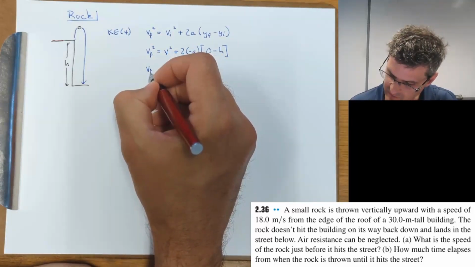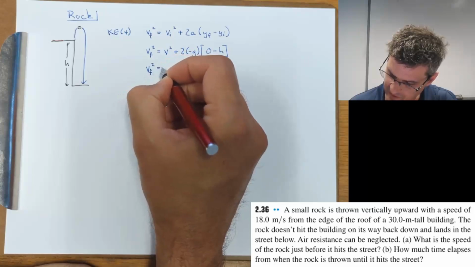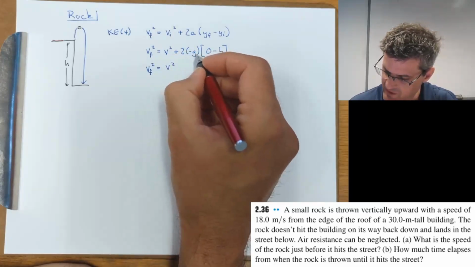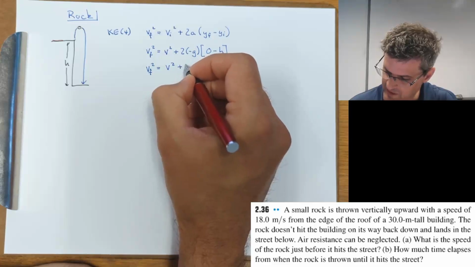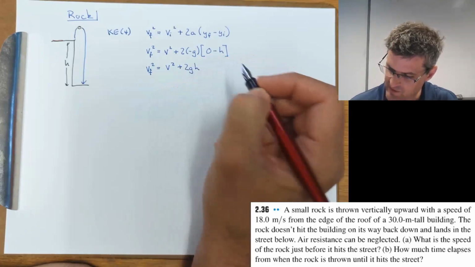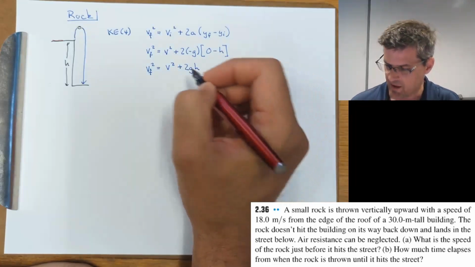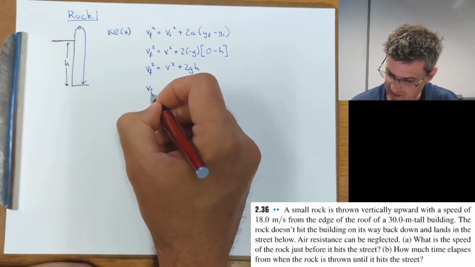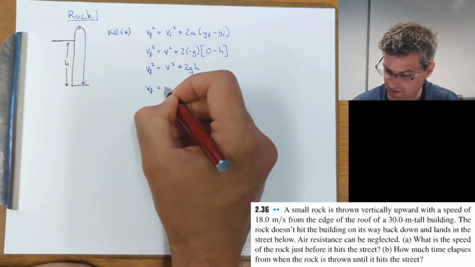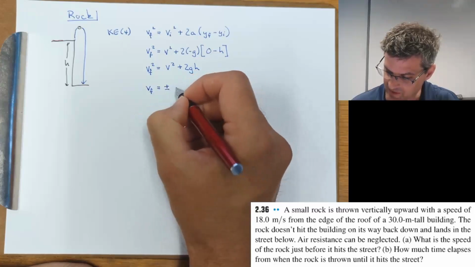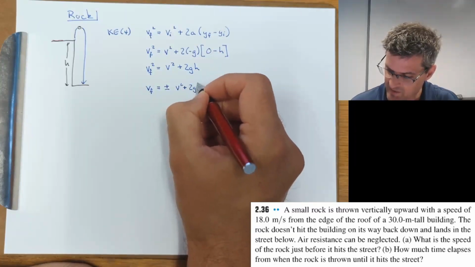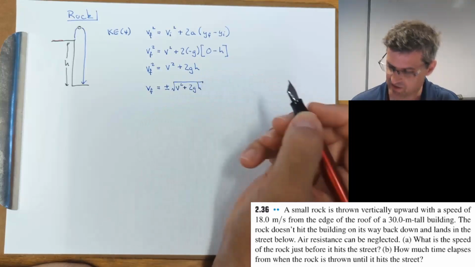So v final squared is equal to the initial speed squared plus 2gh. And as long as we're not paying too much attention to sign, what this says is that v final is equal to plus or minus the square root of v squared plus 2gh.